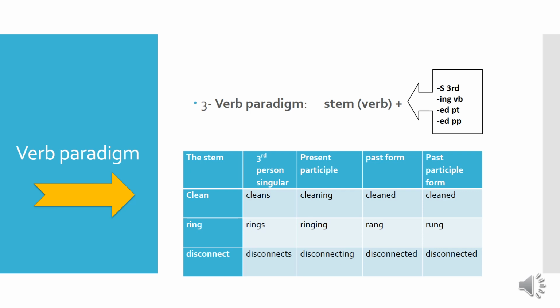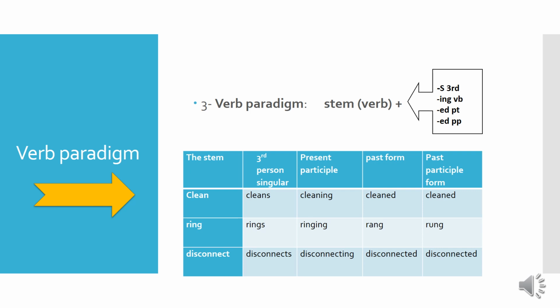The next verb is ring. Ring is the stem. Rings is the third person singular form by adding the s third. Ringing is the present participle form by adding the ing verb. Rung is the past form. Here we do not add the ed as a suffix.